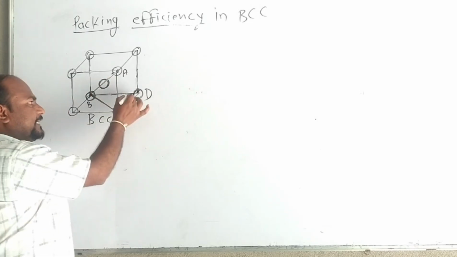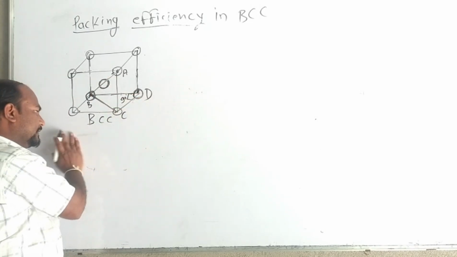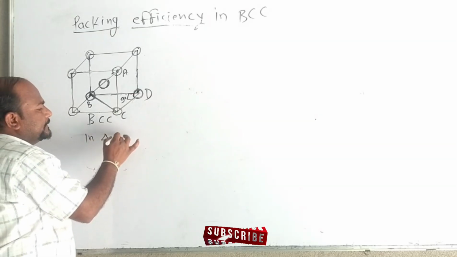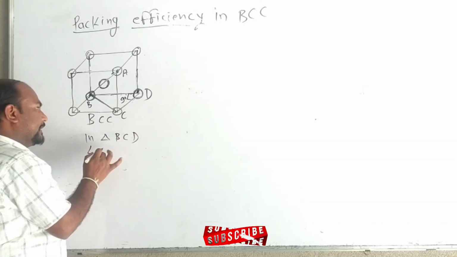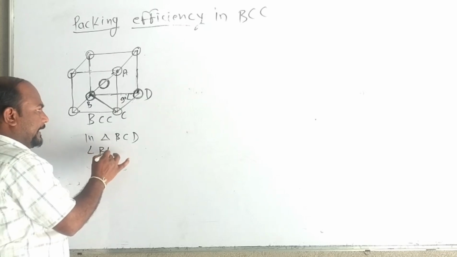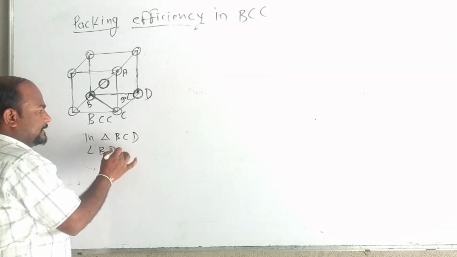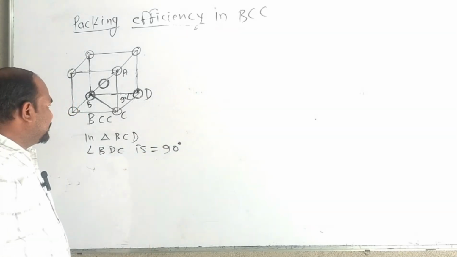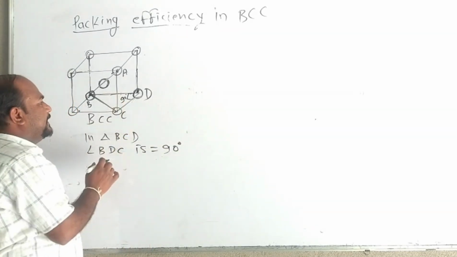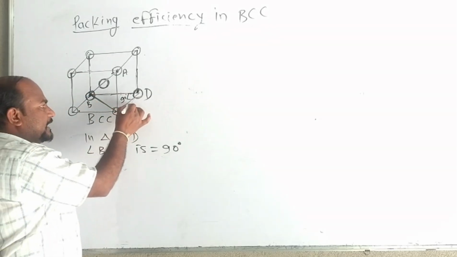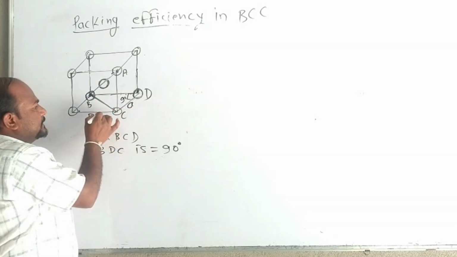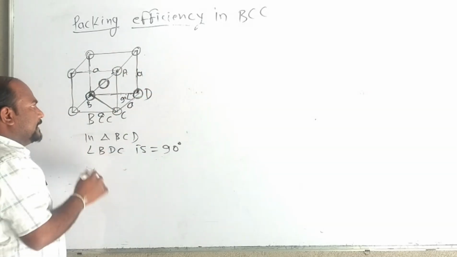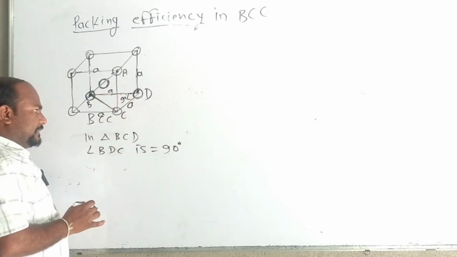So in triangle BCD, angle BDC is how much? 90 degrees. Now, if this is a 90-degree angle, and we know that this is an edge length, this one is also an edge length, edge length, edge length. Okay. Now, this is also an edge length of the unit cell.